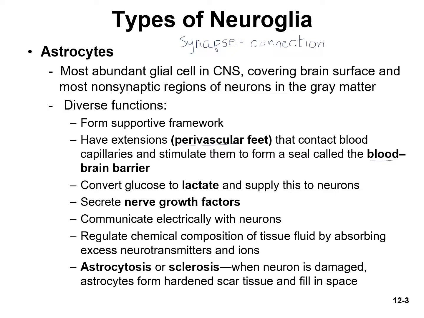And again, we'll be talking more about this once we get to the chapter on the brain, but this helps to protect our nervous system from some pathogens and toxins within the blood. So capillaries, blood capillaries, are the smallest of blood vessels.